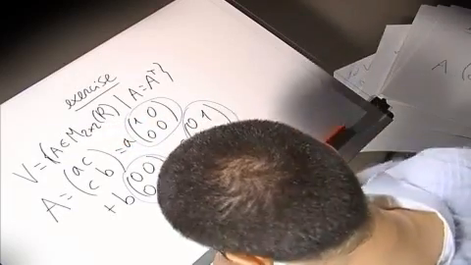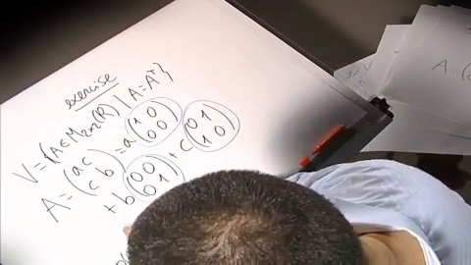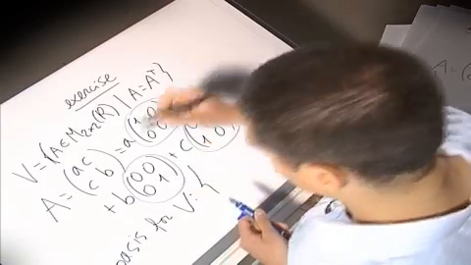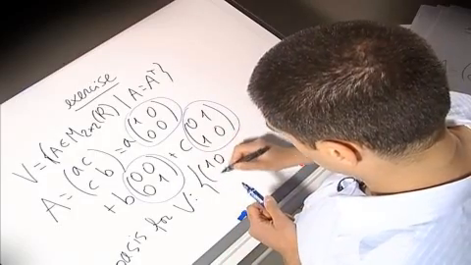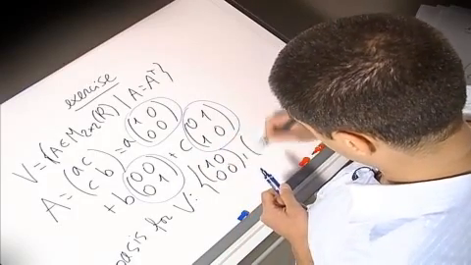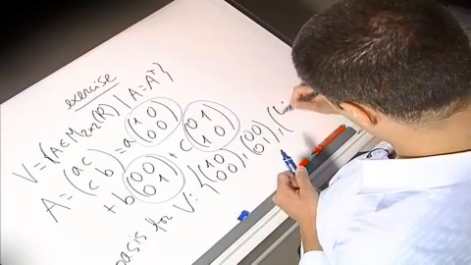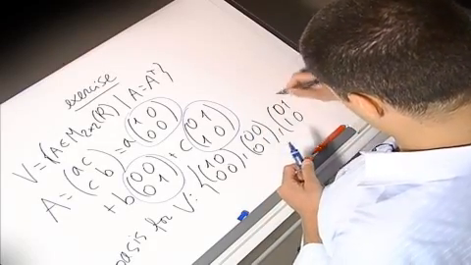So a basis for V is just formed by these three matrices: (1, 0; 0, 0), (0, 0; 0, 1), (0, 1; 1, 0). And from this exercise you learn that such a subspace has dimension 3.